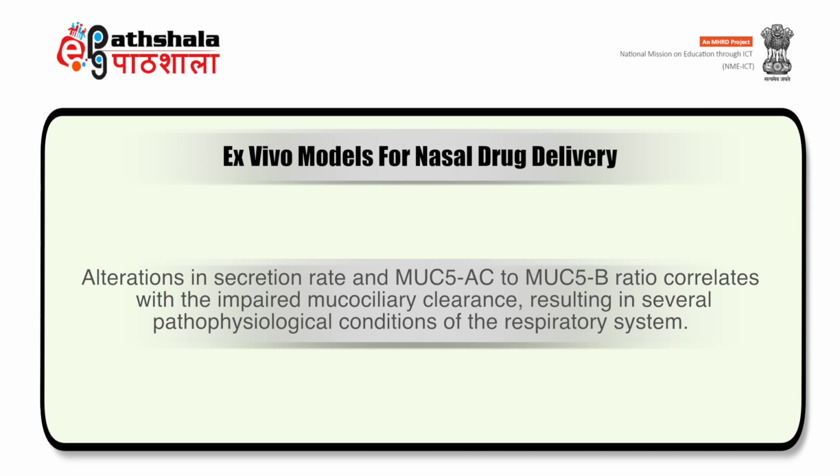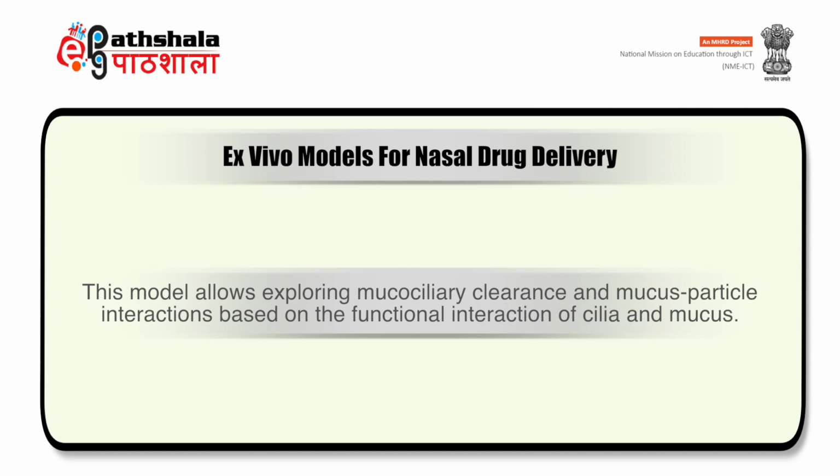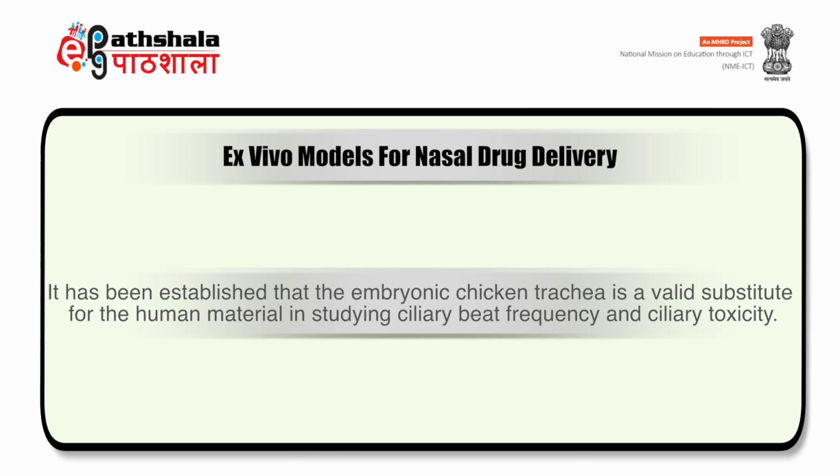Alterations in secretion rate and MUC5AC to MUC5B ratio correlate with impaired mucociliary clearance, resulting in several pathophysiological conditions of the respiratory system. This model allows exploring mucociliary clearance and mucus particle interactions based on the functional interactions of cilia and mucus. It has been established that the embryonic chicken trachea is a valid substitute for human material in studying ciliary beat frequency and ciliary toxicity.